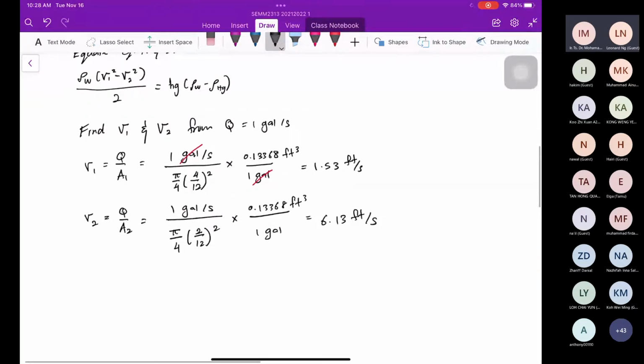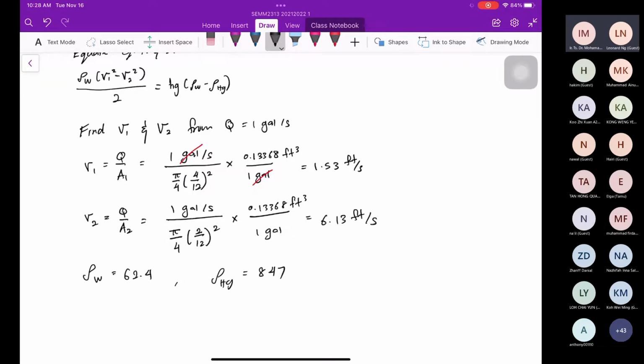And then it is given that the density of water is 62.4. And then the density of mercury is 847. You can look at the table.